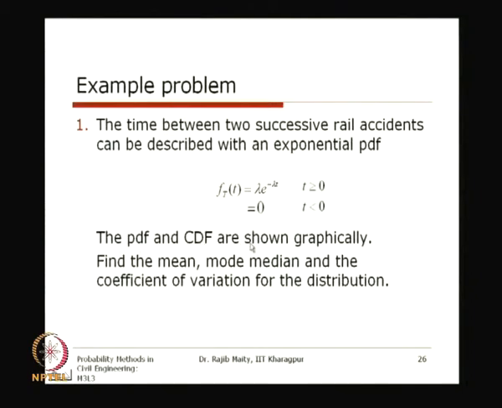We have seen the PDF and CDF earlier, how they look. We have to find the mean, mode, median and coefficient of variation. Whatever statistics we have seen so far, we will see how they are calculated for this exponential distribution.